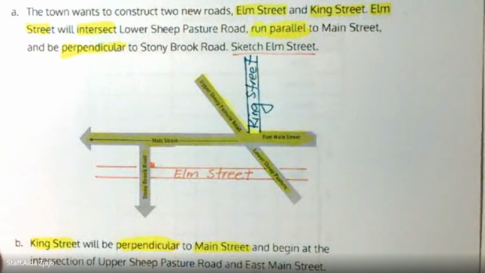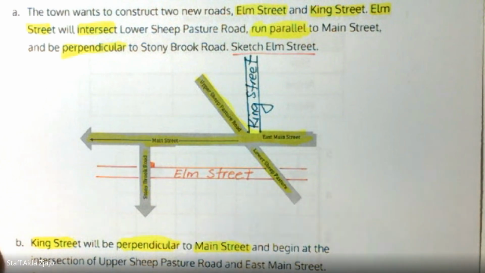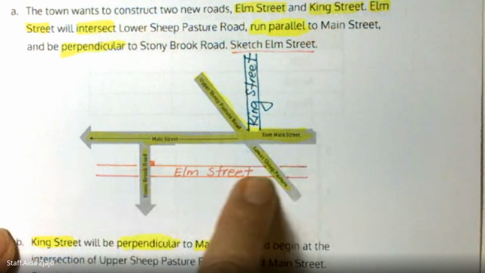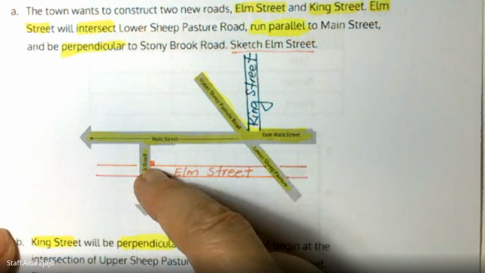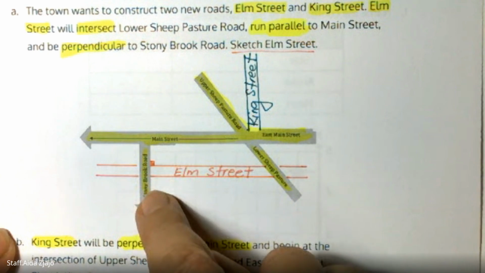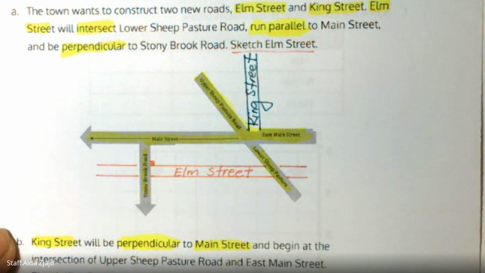So this is word problem lesson 2, grade 5, mission 6. We created two new streets. One was parallel to Main Street and perpendicular to the Stony Brook Road.